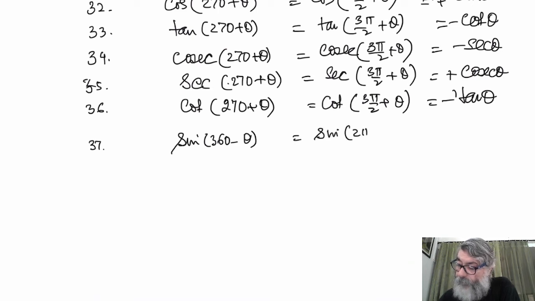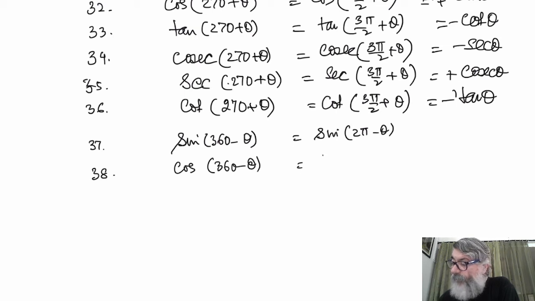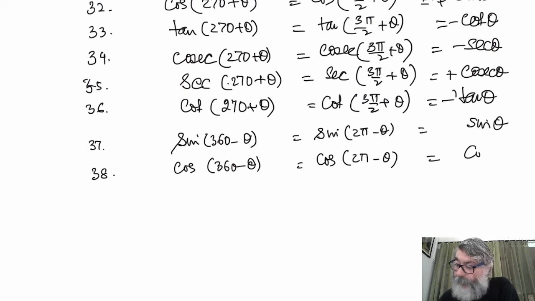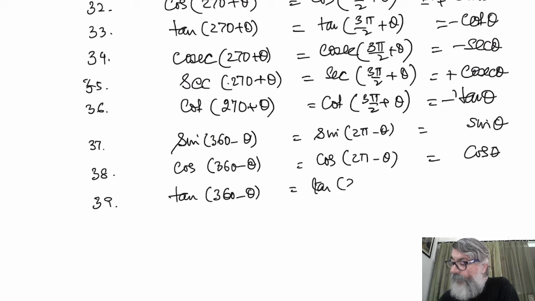Cos 360 minus theta, cos 2 pi minus theta, sine will remain sine, cos will remain cos. Then tan 360 minus theta will be tan 2 pi minus theta, will remain tan theta. Sine I will associate later.